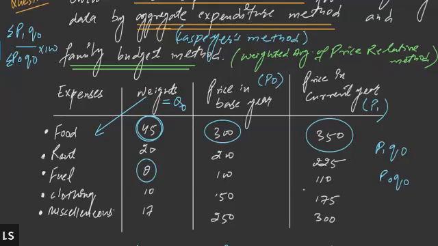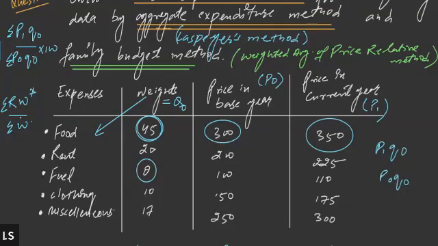Okay. After that, you will be required to find the index number by weighted average of price relative method. As I told you, the formula is sigma RW divided by sigma W. In this question, the weights of the items are already provided, but R is not given.